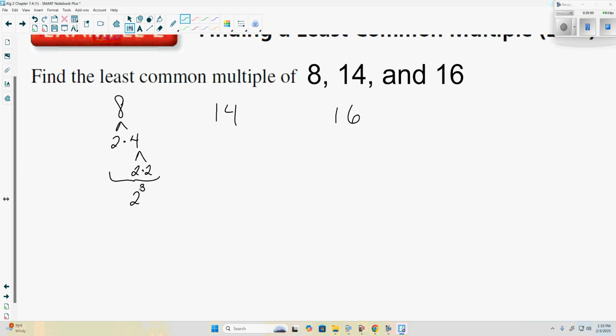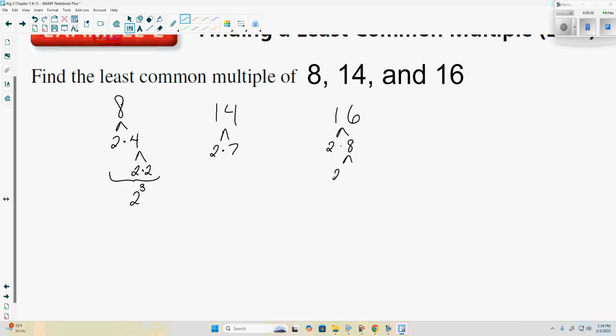Let's look at 14. Well, 2 works. It would be 2 times 7. 7 is prime. So the factorization for 14 is just 2 times 7. 16: we have 2 times 8.